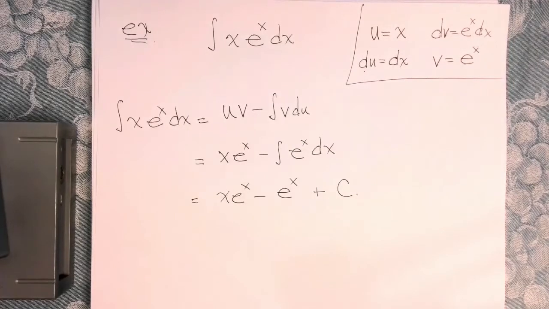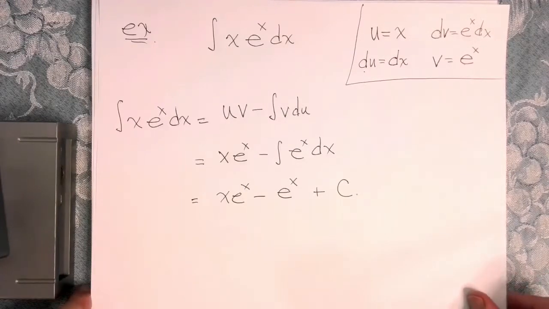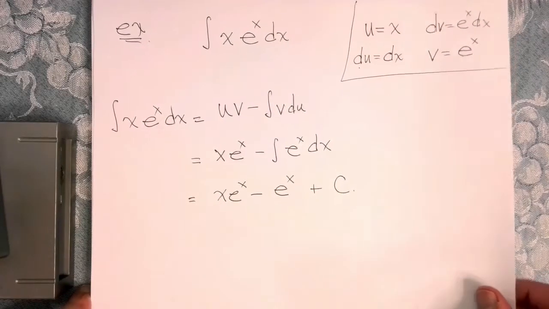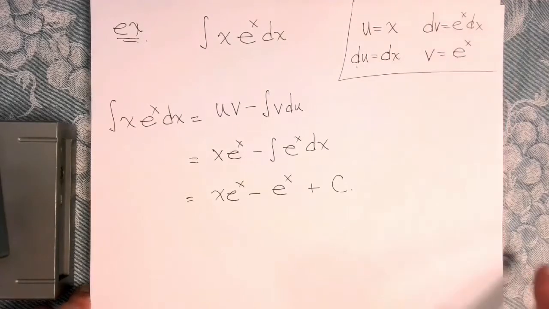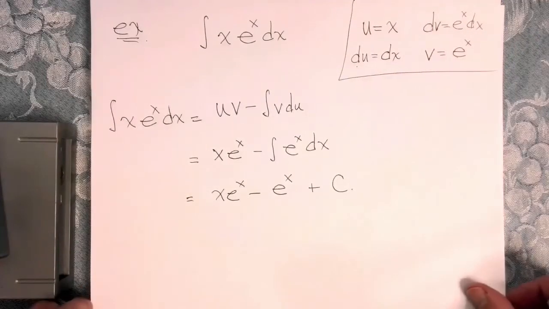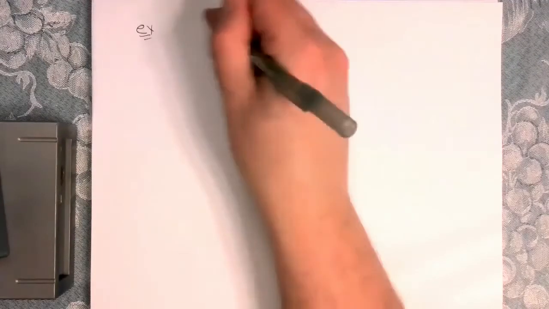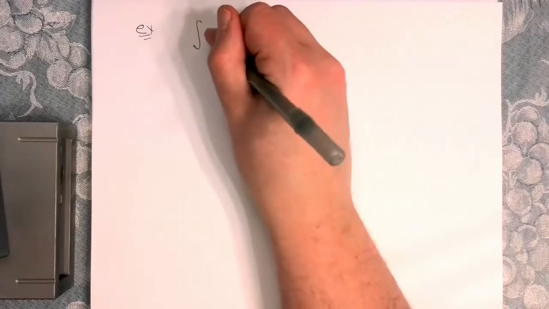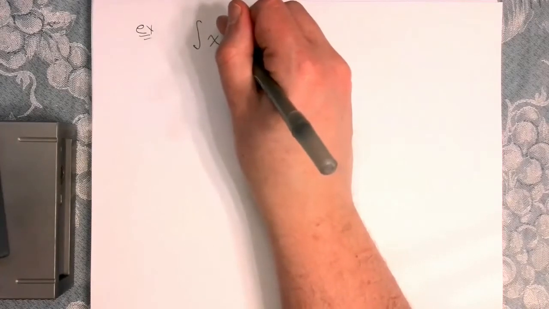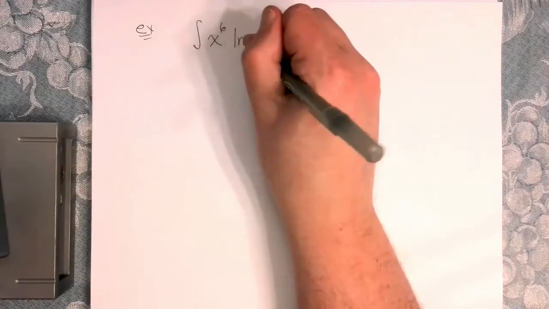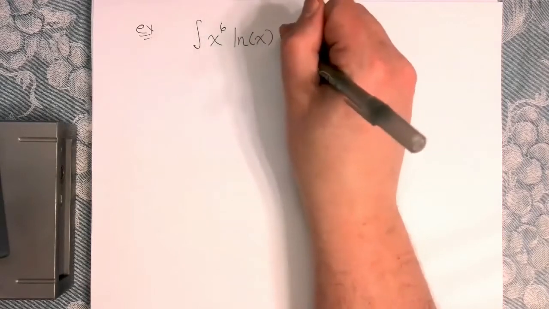Okay, so I'm going to do another example. Feel free to pause here if you need to. Okay, so for example, let's look at the antiderivative of x to the 6 times the natural log of x.